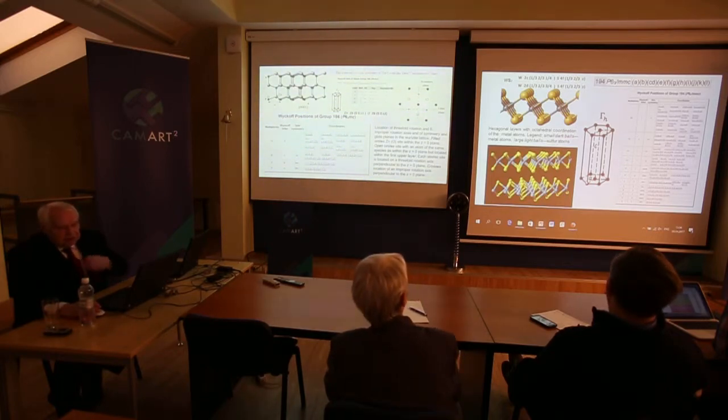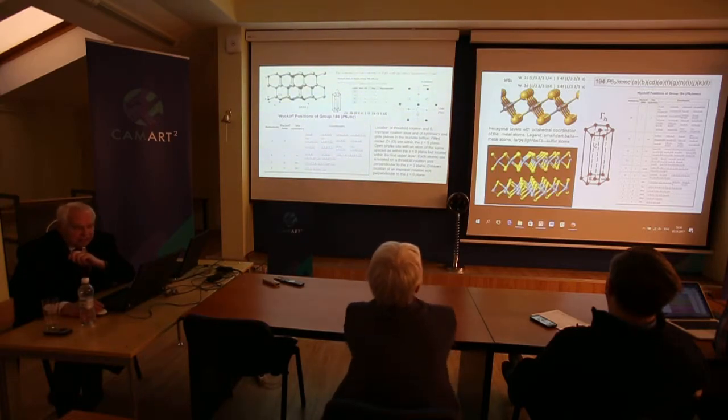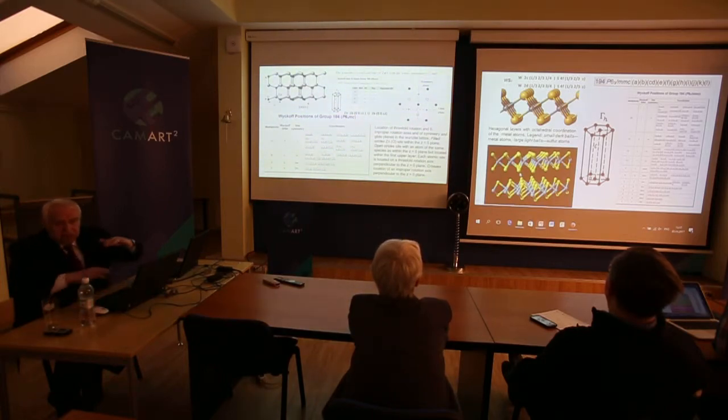And crystallographers give you two formula units in the primitive unit cell. It is layered, therefore this is a plane of tungstens, and these are two planes of sulfurs. And there are two layers, each of them consisting of three planes in the primitive unit cell.